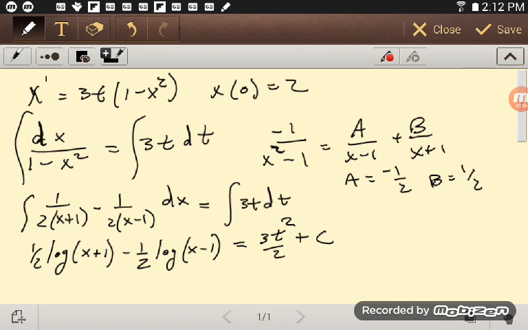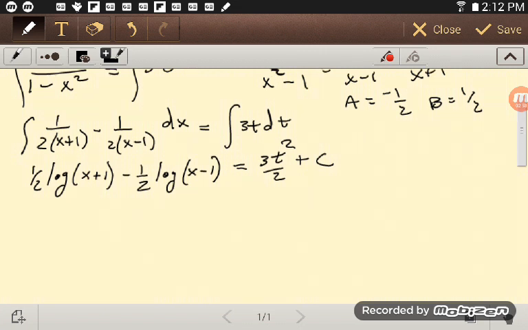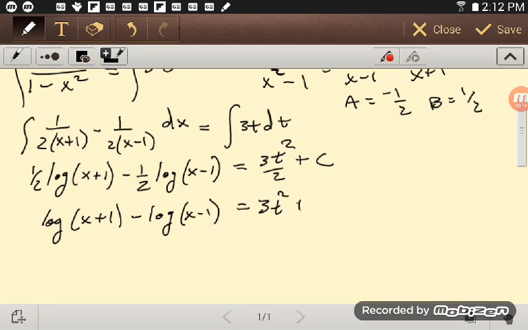And so now, I think the easiest thing to do would be to multiply everything by 2. And so I have log (x plus 1) minus log (x minus 1) equals 3t squared plus 2c. Now you could rename that as some other c. I'll just leave it as 2c. Now, if I want to solve for x, I have my options here.